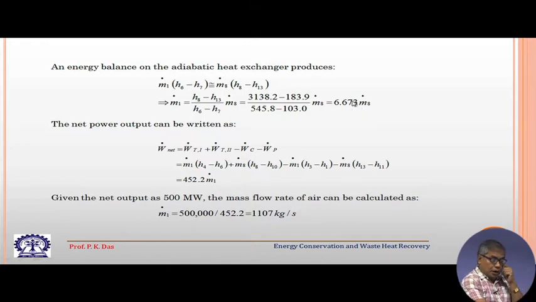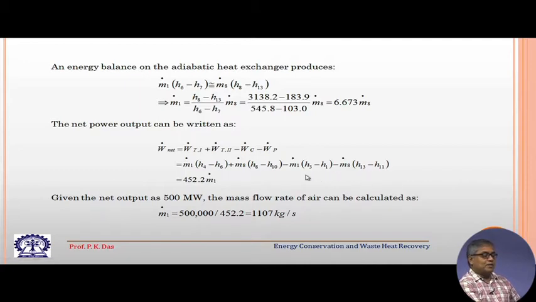The net power output can be written as, once we have got this, the net power output will come from 4 components. 2 turbines are developing powers and 2 devices for compressing the fluid. One is the compressor and another is the pump.